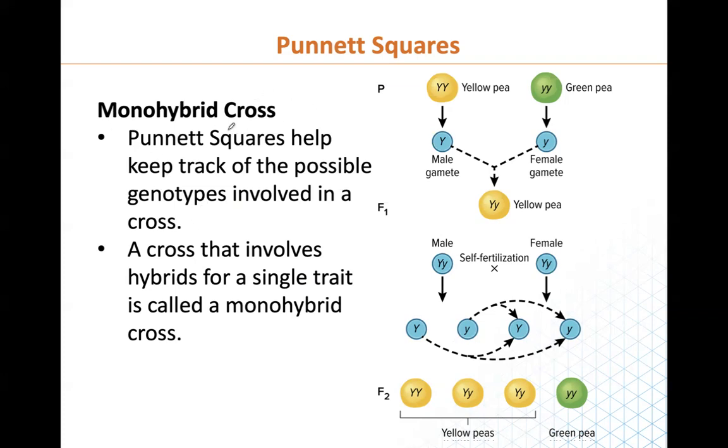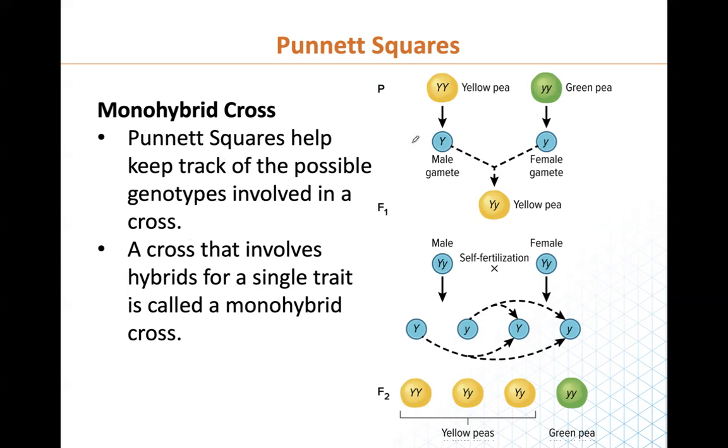On a Punnett square, the monohybrid cross is used when you want to cross organisms which are monohybrid. So you have a monohybrid here, and you have another monohybrid. The Punnett square helps to keep track of possible genotypes involved in a cross.